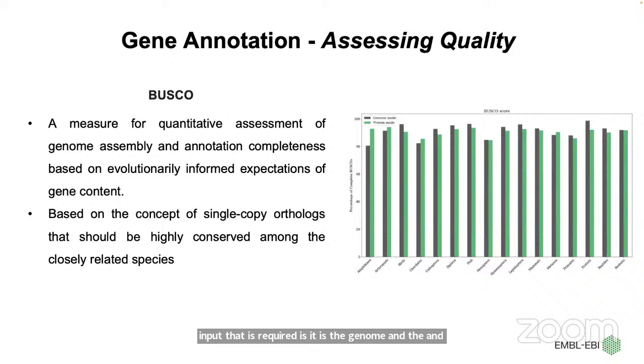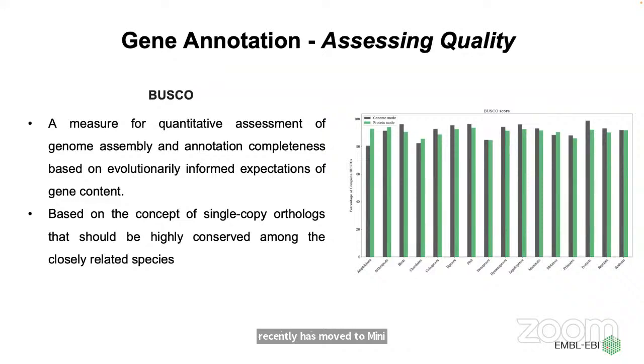You can provide the lineage yourself, or BUSCO will assess which is the closest lineage to your target genome. And then it runs. It used to run MetaEuk before, but recently BUSCO has moved to MiniProt to predict the genes in the genome mode.